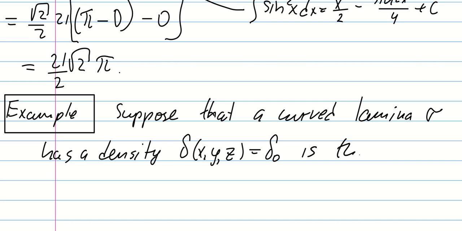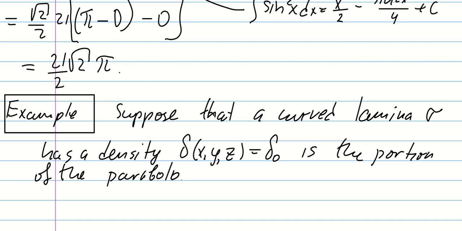And it's a portion of the paraboloid z equals x squared plus y squared below the plane z equals 1.